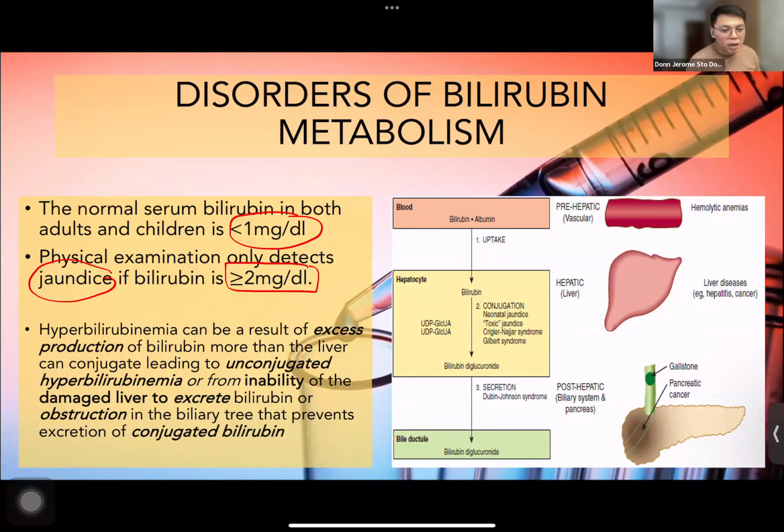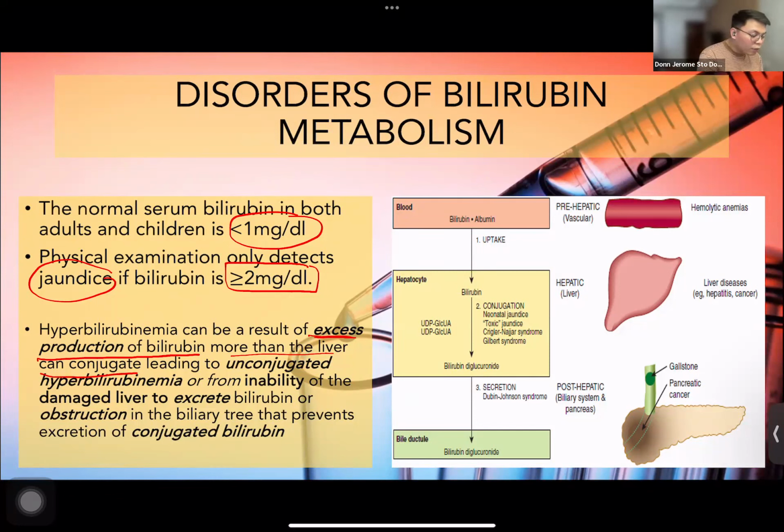Saan ba galing yung hyperbilirubinemia, Doc? So there are causes of hyperbilirubinemia. First, excess production of bilirubin more than the liver can conjugate. Most commonly, when RBCs hemolyze. Pag masyadong maraming RBC ang namamatay, marami ka bang mapo-form na unconjugated bilirubin? Yes po, that can be overwhelming for the liver to conjugate.